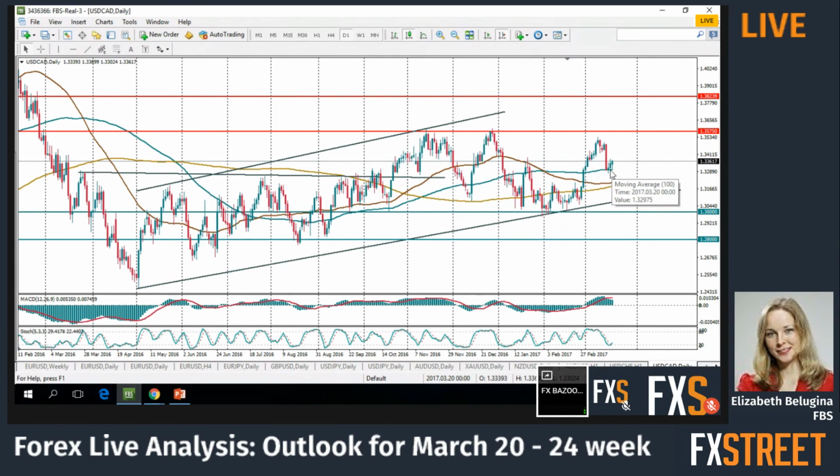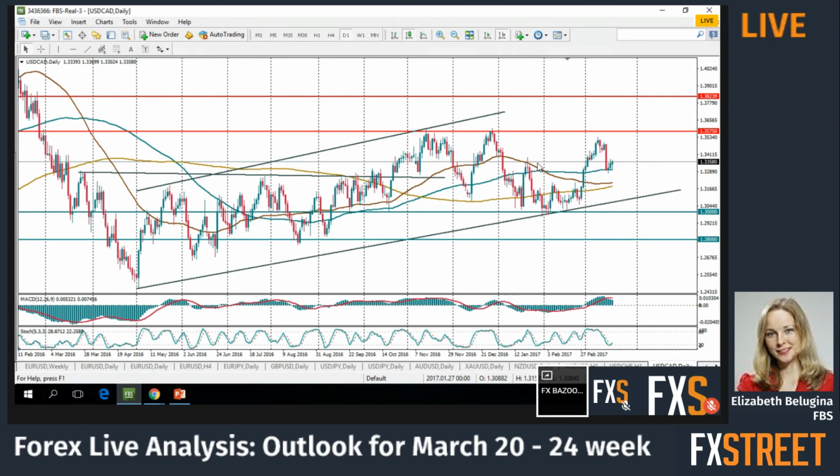For US dollar Canadian dollar, the pair found support at the 100-day moving average in the area of 1.33, and above this level we may see some consolidation between here and the 1.35 mark, as oil prices decline on increased output from the United States, and this may be the case for oil dynamics this week.